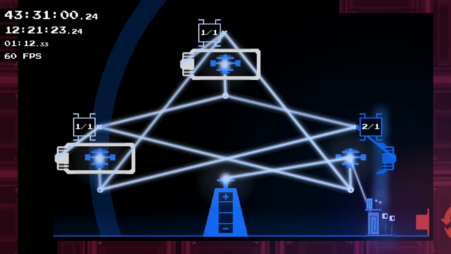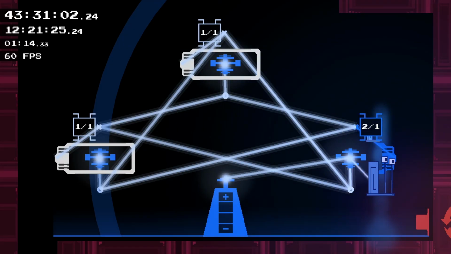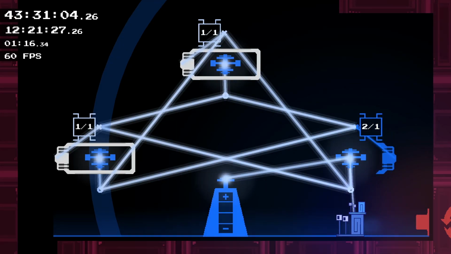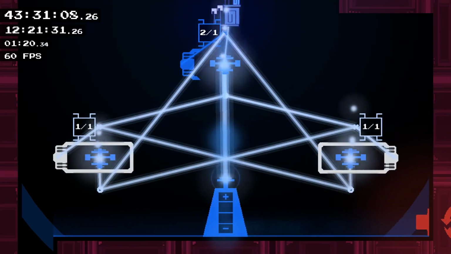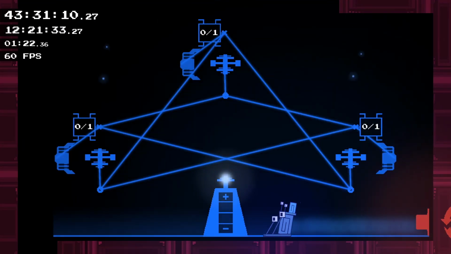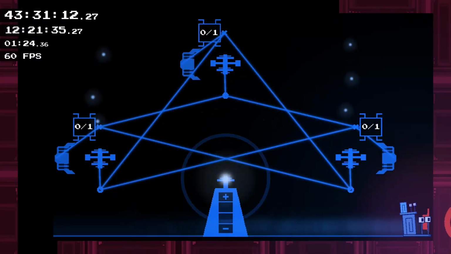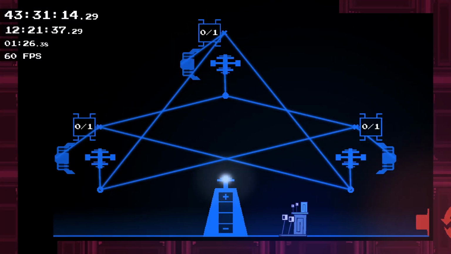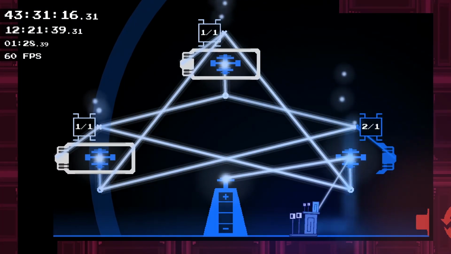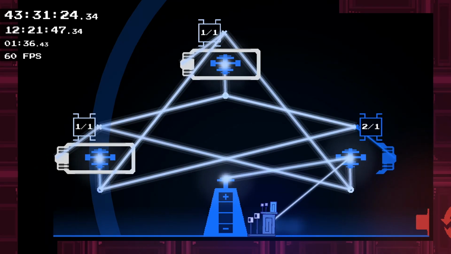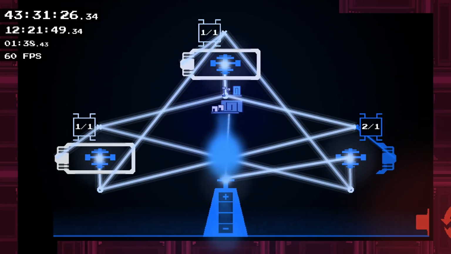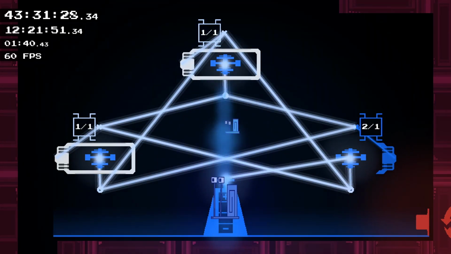This gate now has two power supplies, and so it won't shut. This is true for each of the connection points. Now, this does present a little bit of a problem in that, yes, the correct doors are shut, but the wrong connection points are still powered.